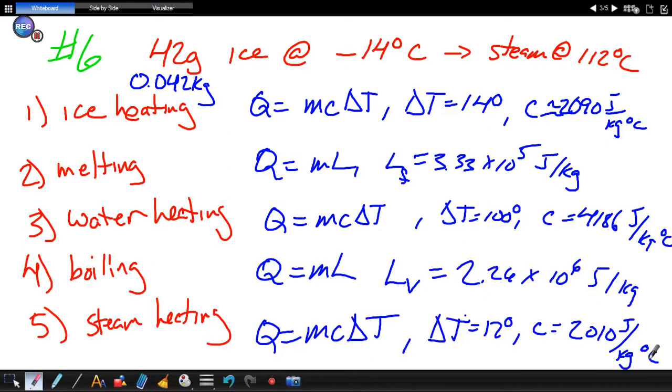So that's one thing you can do. You can just apply heat. But sometimes that heat comes from somewhere else. So this is essentially number 5 in this homework, where you have a heat source.